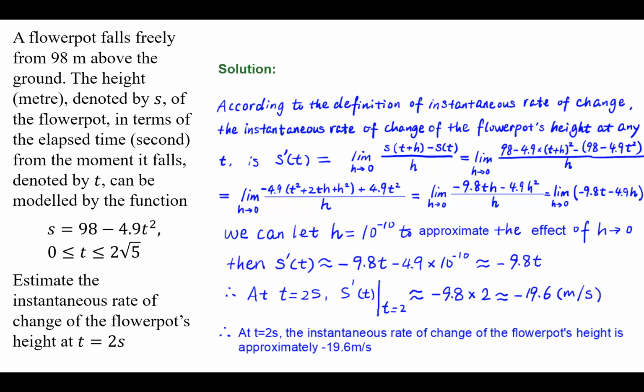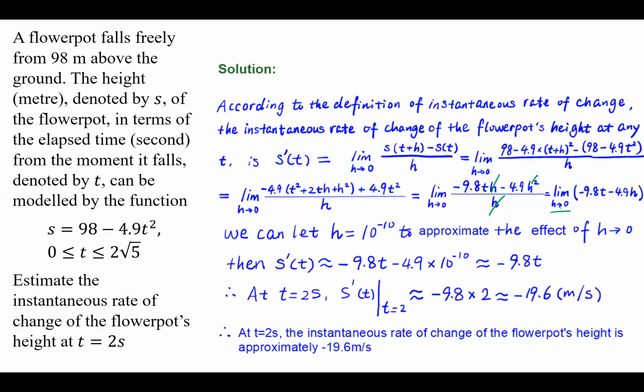So note here, this is a limit as h approaches 0. h approaches 0 means h is not 0, but a number that is very close to 0, right? Therefore, we can cancel the h in the numerator and denominator. So we can cancel h here, here, and here, right? So this expression becomes the limit of negative 9.8 t minus 4.9 h as h approaches 0, right?